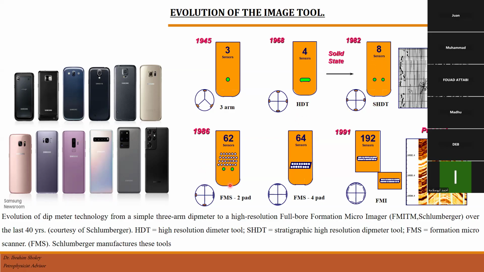Then we continued developing our tool until we got to the last generation of the tool, which is the FMI tool or XMI and so on, which has about 192 sensors per tool.